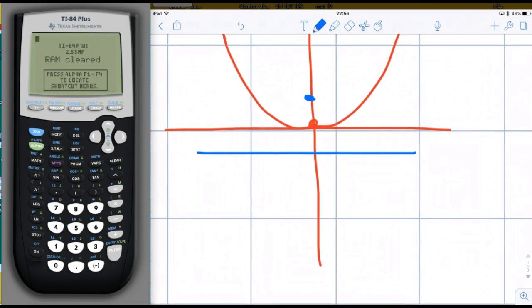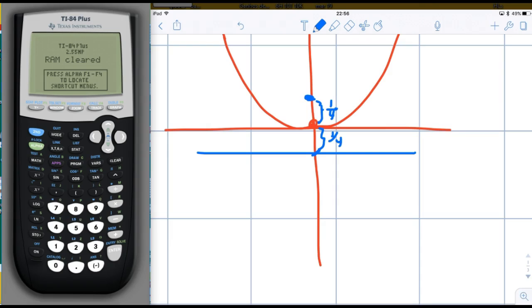And the positions of the focus and the directrix are 1/4 from the vertex and 1/4 from the vertex.